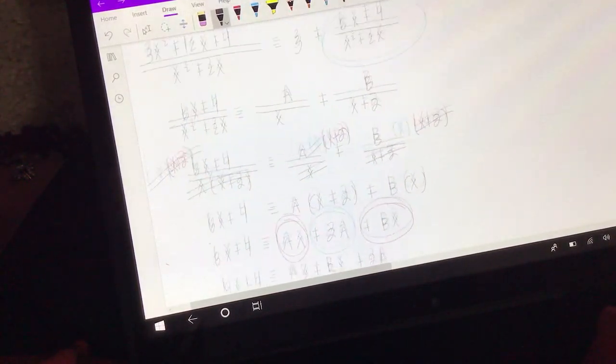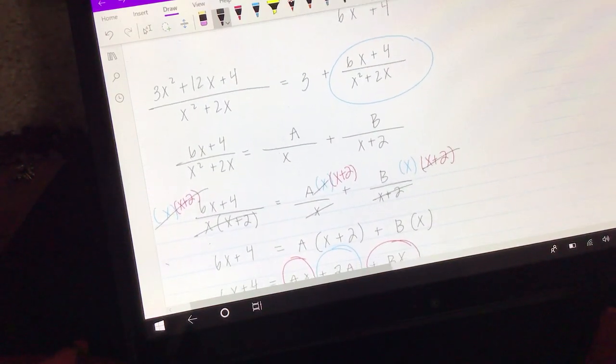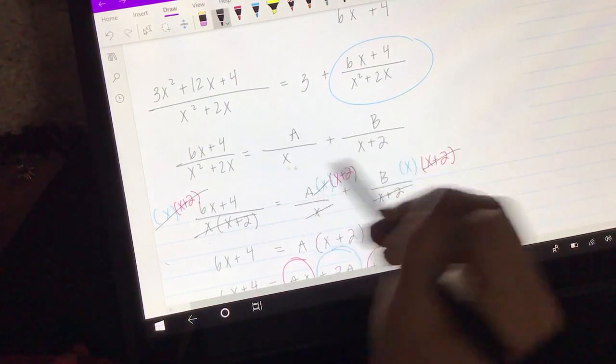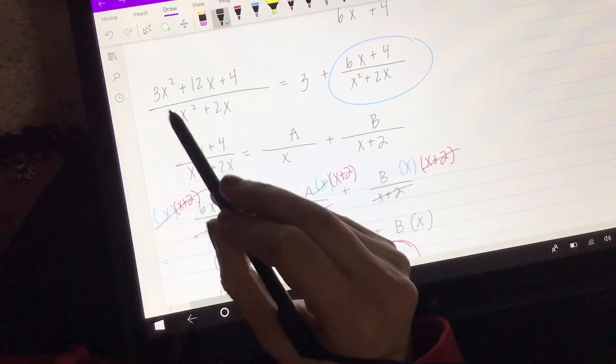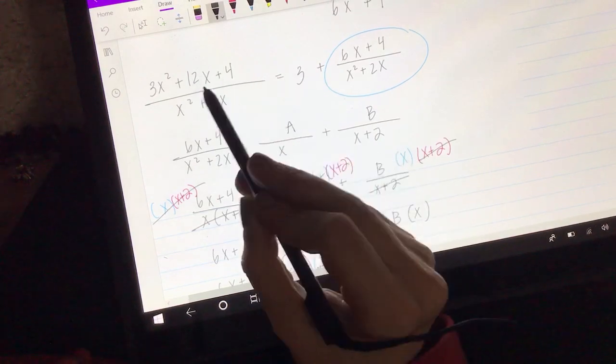Finally, go back to your original question and fill in your a and b. But don't forget, you have to go back to the original and have the 3 plus in the front.